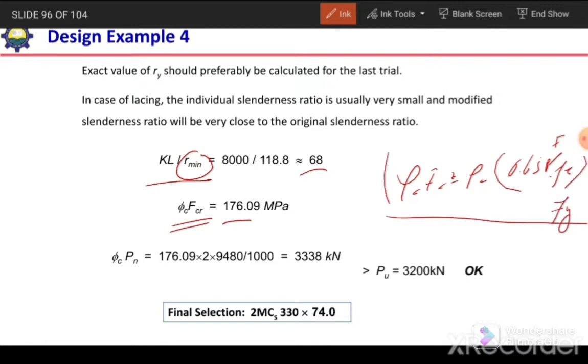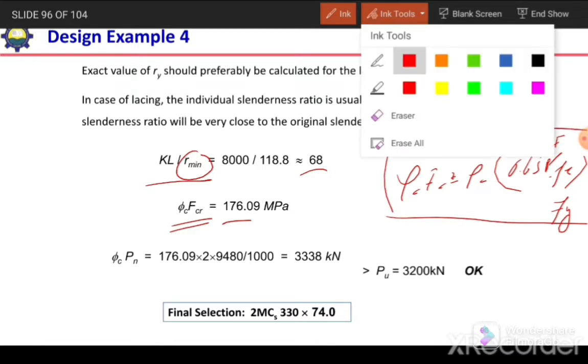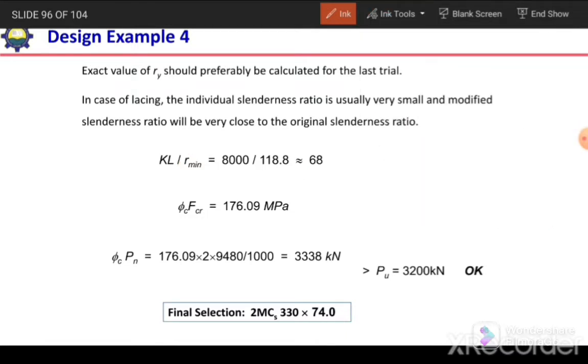We can use this expression if there is inelastic buckling. Then, by multiplying phi CFCR with the area of the section, we can calculate the capacity of the section, and it is 3338 kilonewton, which is more than 3200 kilonewton, the applied load. So it means our selected section is capable of resisting the applied loads.